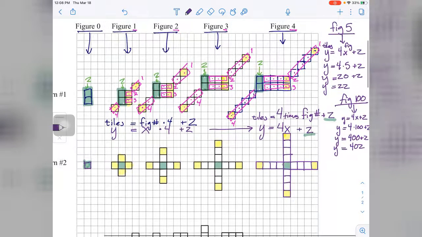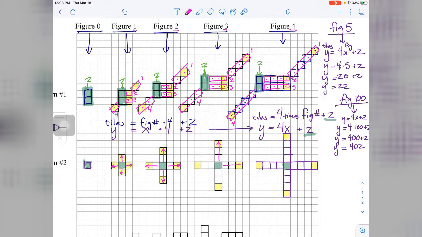So when I look for connections between the figure number and the tiles, the one that I see most obviously is that the wings are the same length as the figure number. If I'm in figure number 1, all of my little wings are 1 long. In figure number 2, the length is 2 for each of the wings.